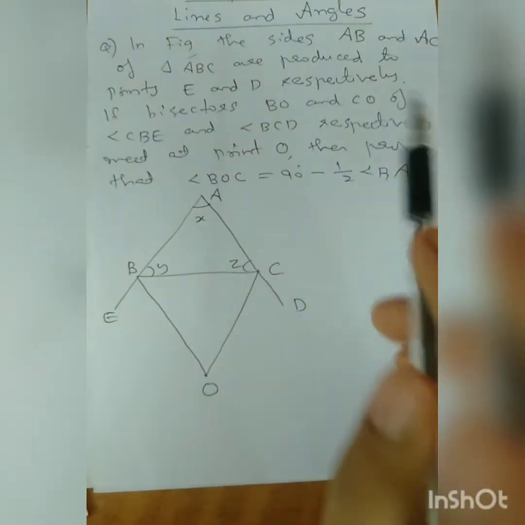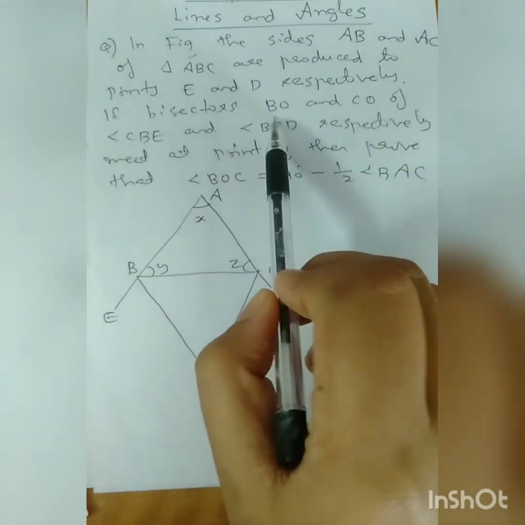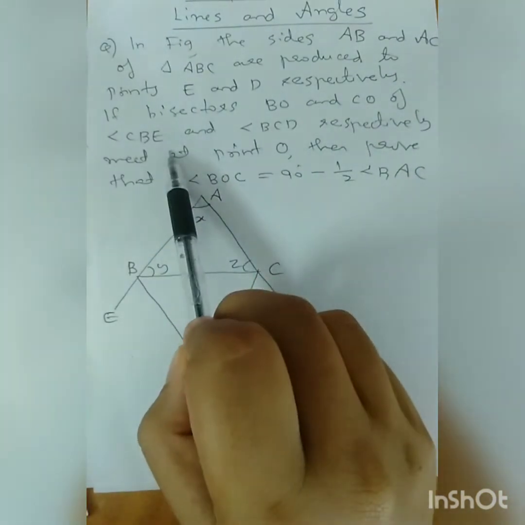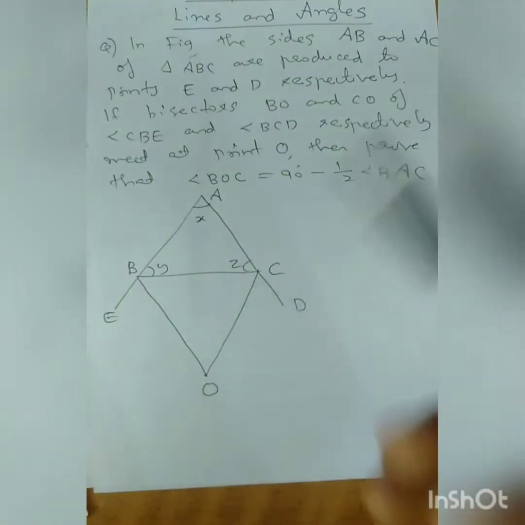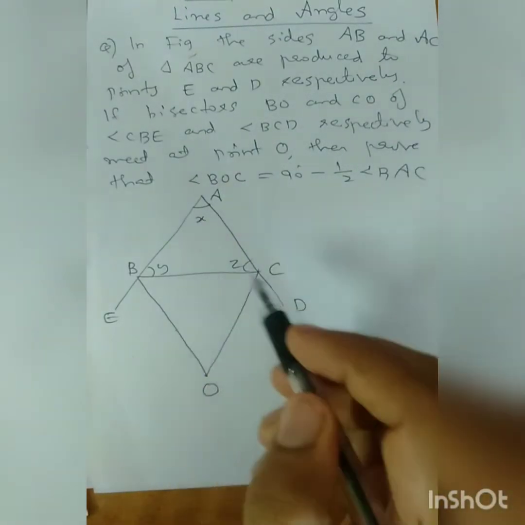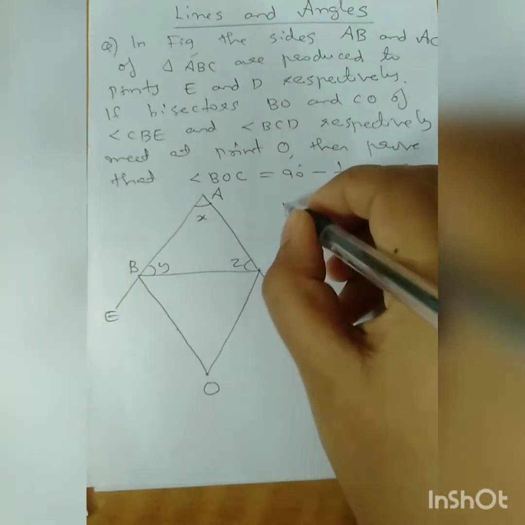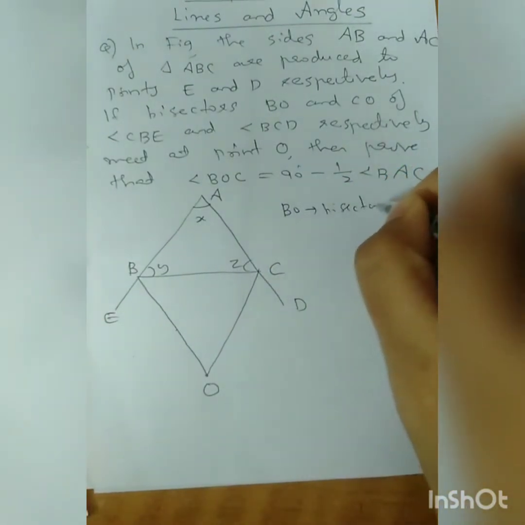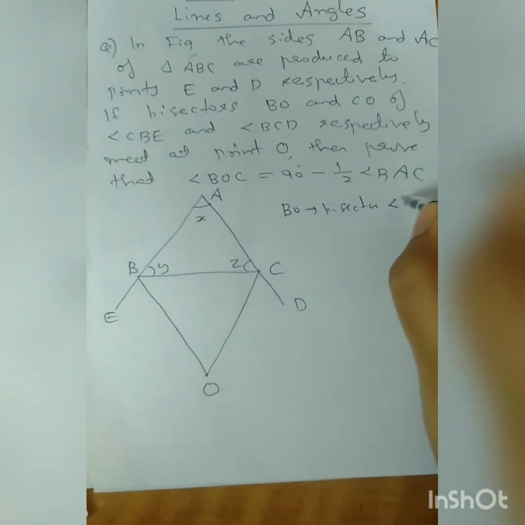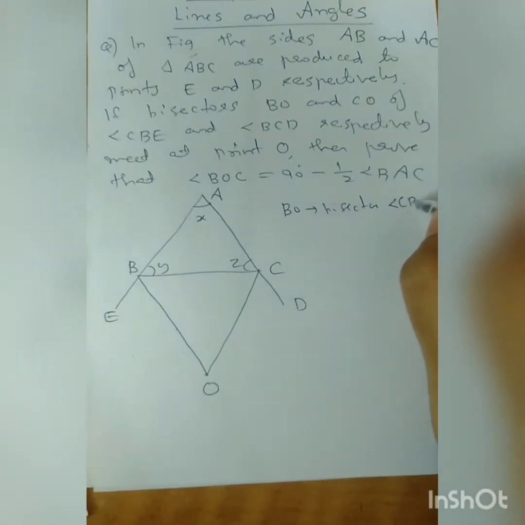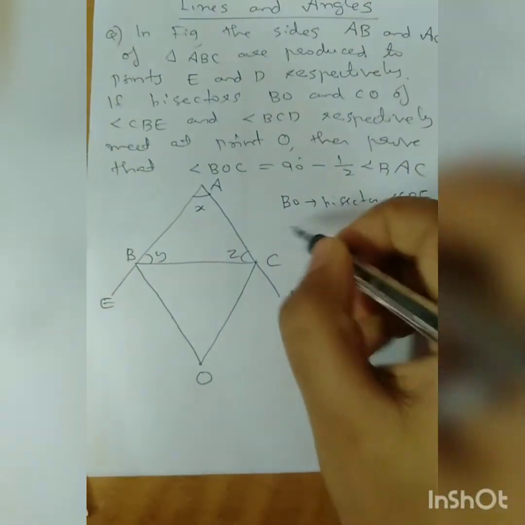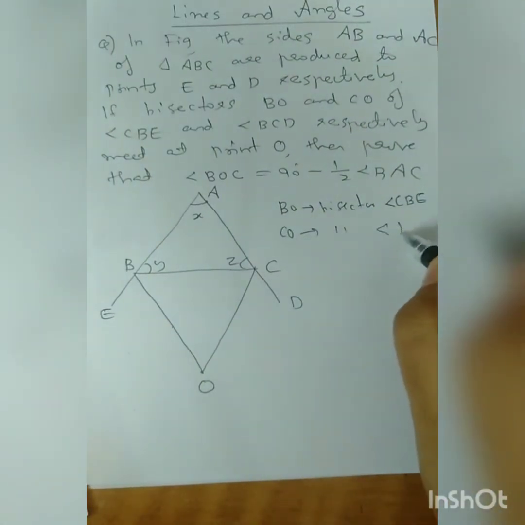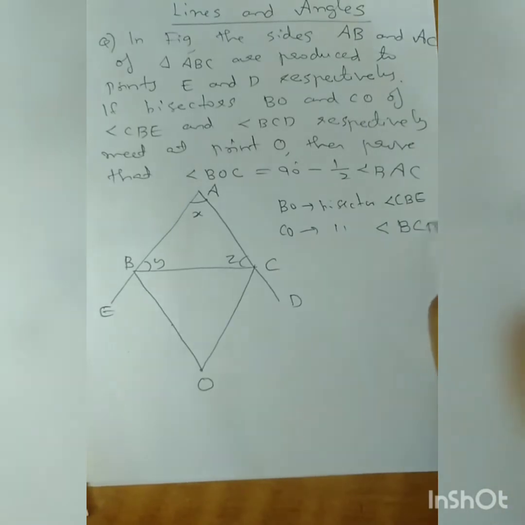Here it is given that BO and CO are bisectors of angles CBE and BCD, that is BO is the bisector of angle CBE, also CO is the bisector of angle BCD.